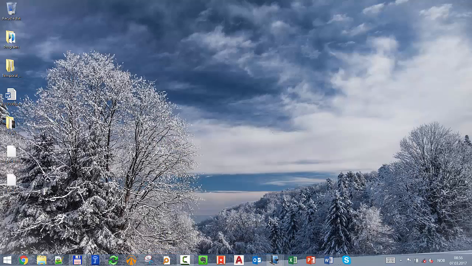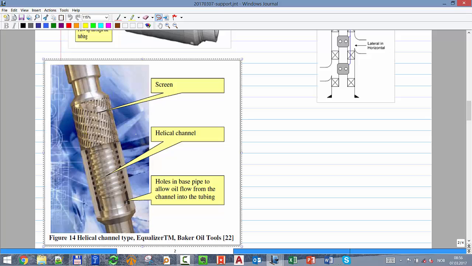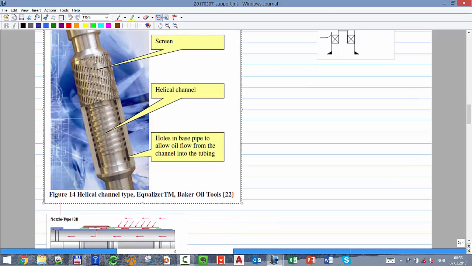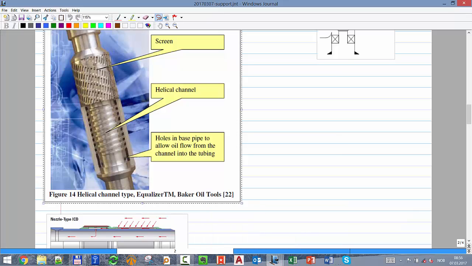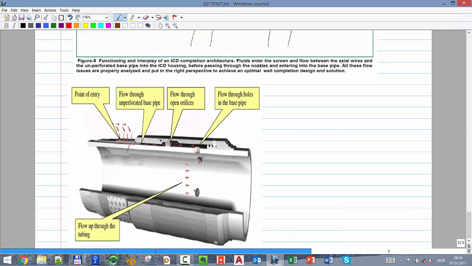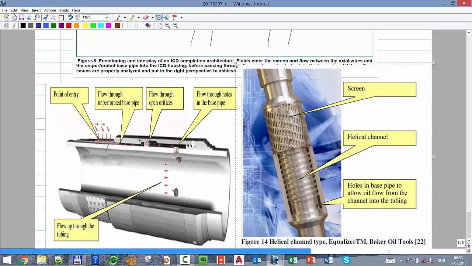And you have also another design. I'm just going to put it here just so you know, but you also have this helical channel that, instead of using these orifices here, now the flow has to travel in some kind of helical way.